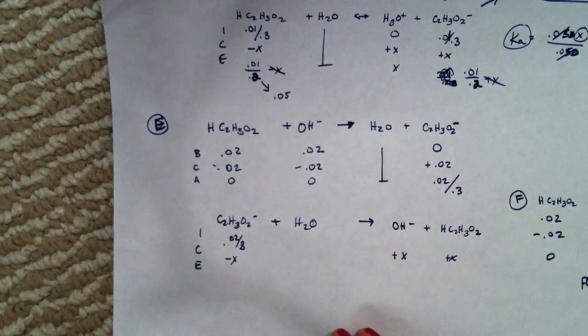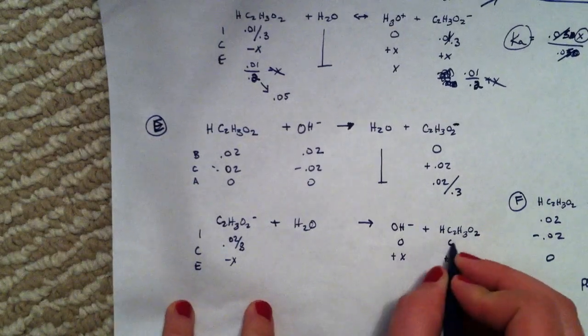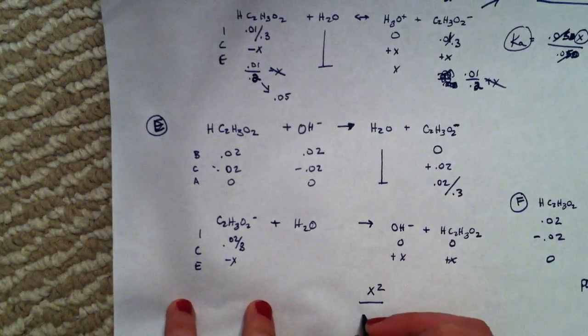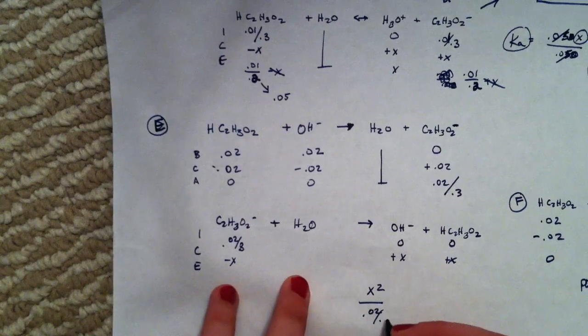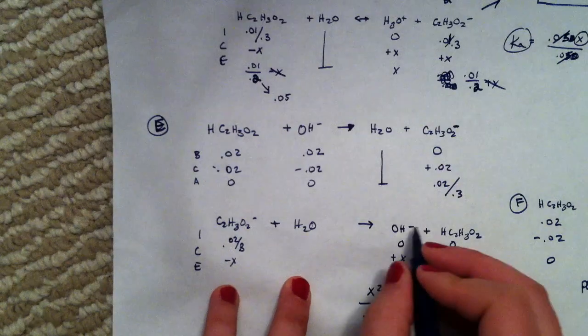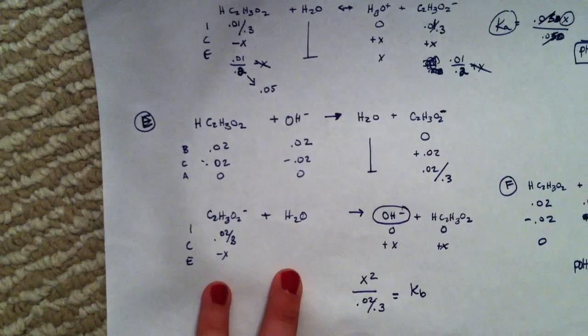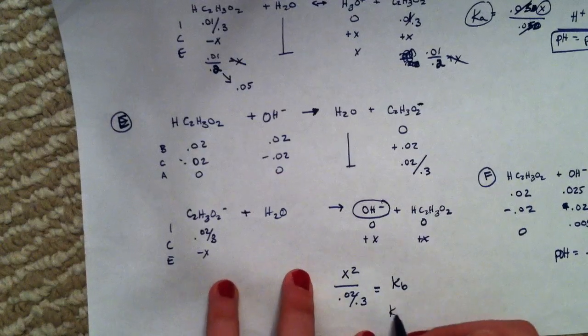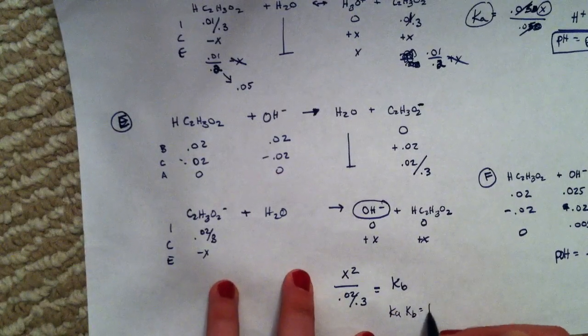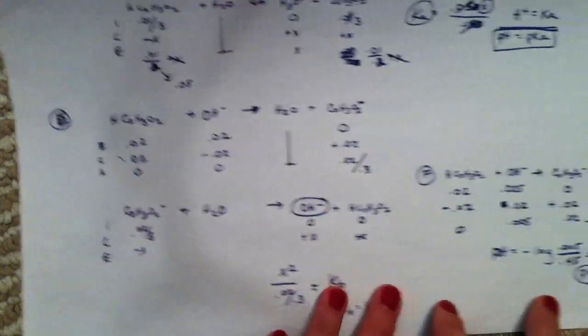The other trick that you have to know at letter E is that we would have x squared over 0.02 divided by 0.3, and that is now equal to the Kb, not to the Ka. I know it's the Kb because I have the OH minus here. To solve for the Kb, you have Ka times Kb equals Kw. You can look in the back of the book for your answer to this one.